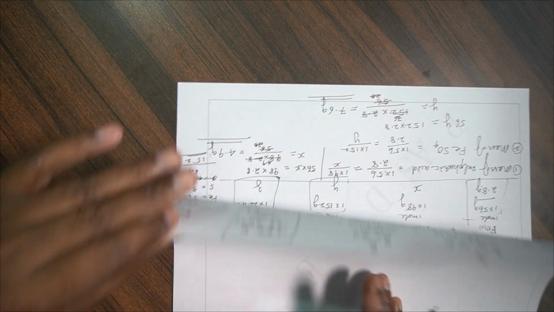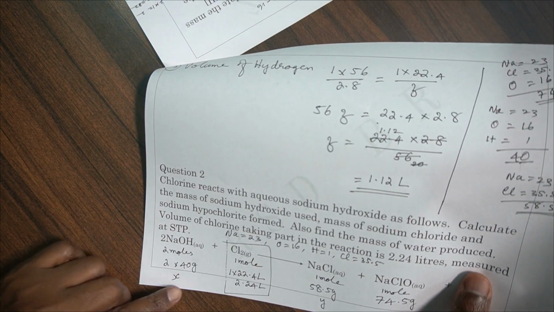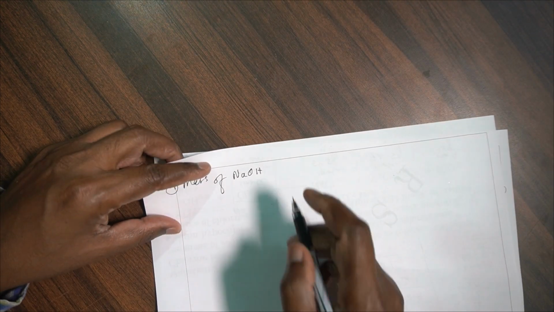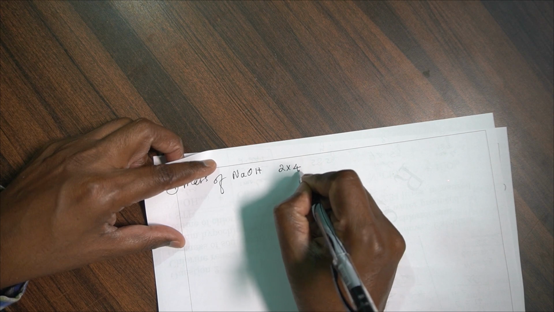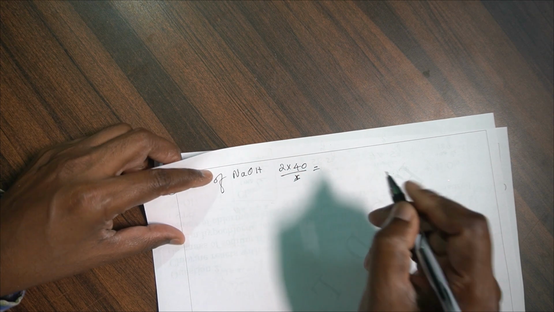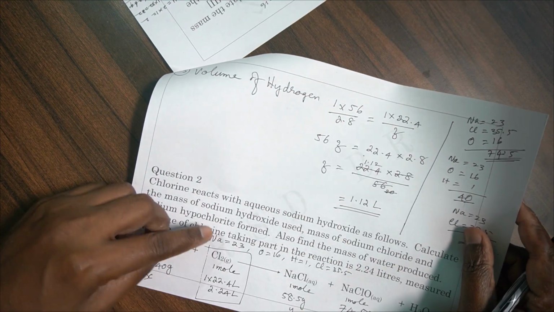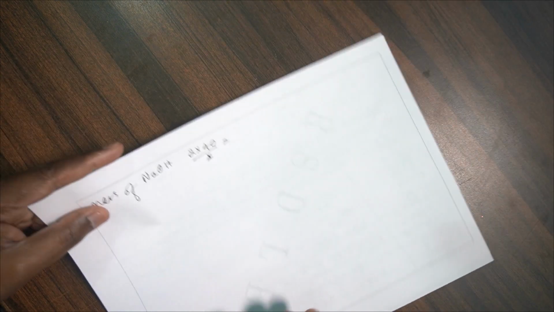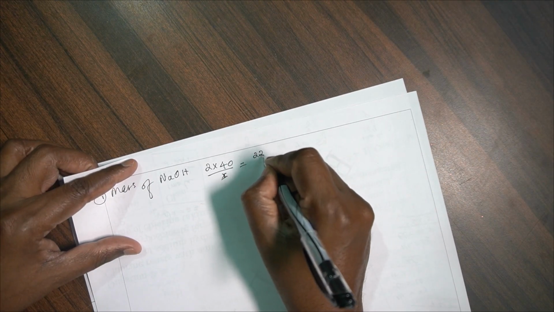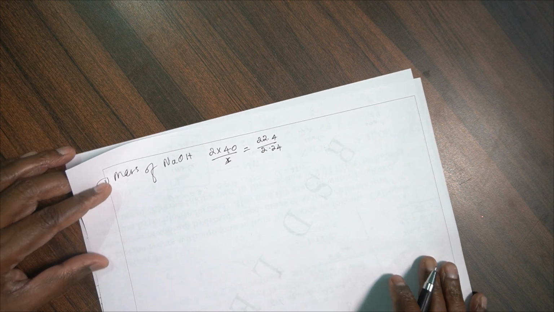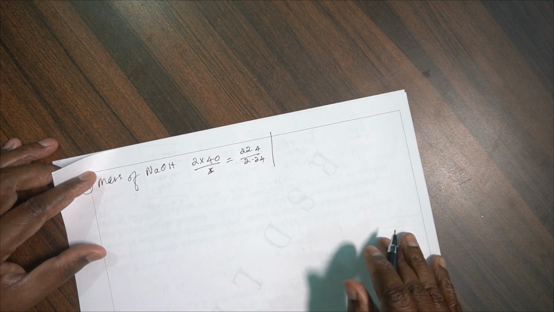Let us take out the ratio from this equation, that is 2 into 40 upon X is equal to, this side you have the given ratio, 22.4 upon 2.24. Now from here, let us find out what is X.